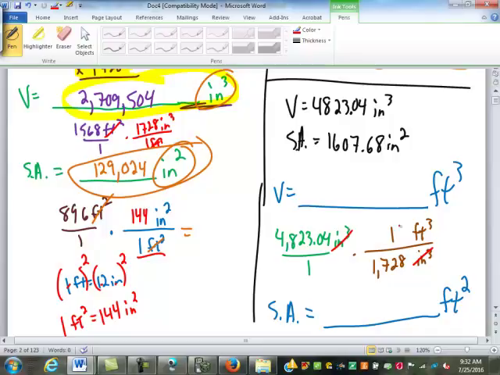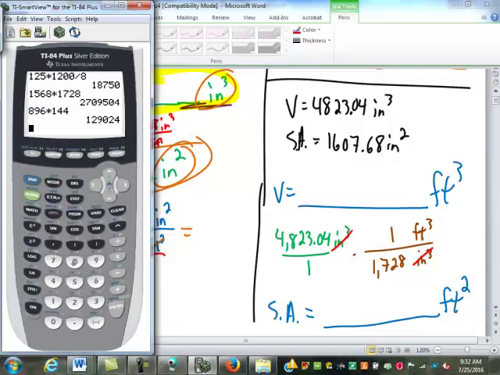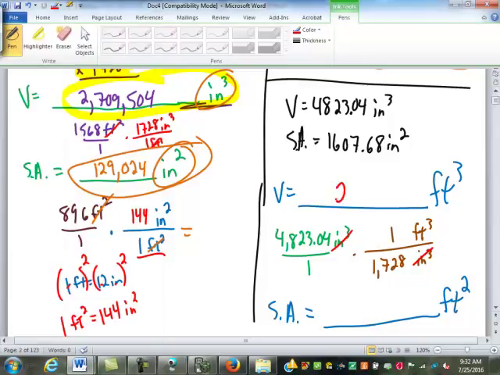It would be the 482304 times 1, and then we'd have to divide by the 1728. So we're just going to take the 4823.04 divided by 1,728. You get 2.79 is what we'll round that to. Cubic feet. It always amazes people because 4,800 cubic inches sounds like a lot, and it's less than 3 cubic feet.